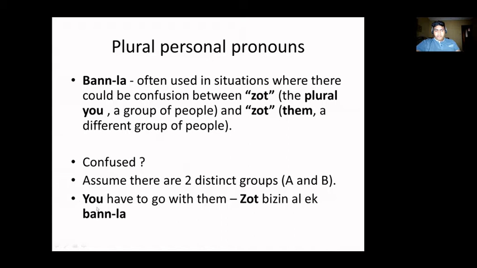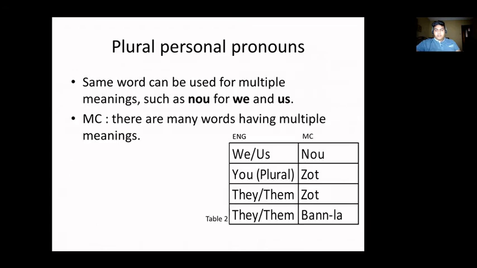You in Mauritian Creole is zut when it is in the form of a plural personal pronoun, and them, the plural personal pronoun them, in Mauritian Creole is banla. So you can always go back to see in the table what are those plural personal pronouns in Mauritian Creole.